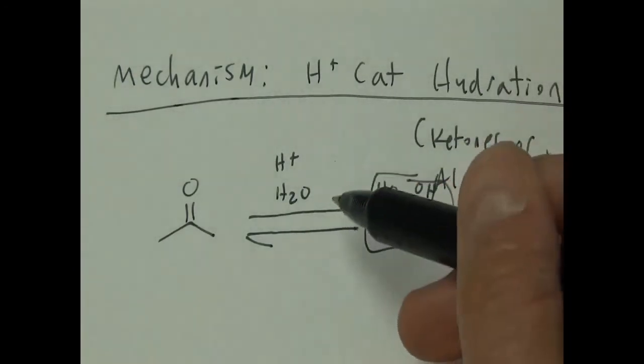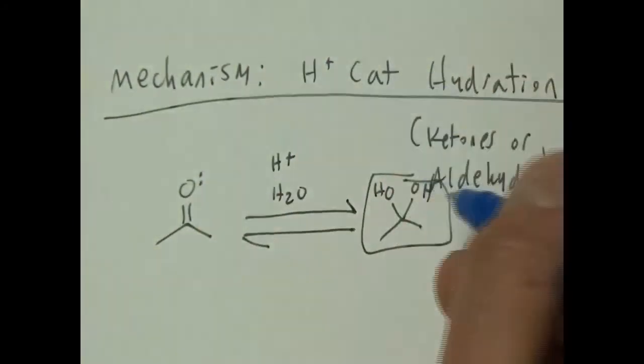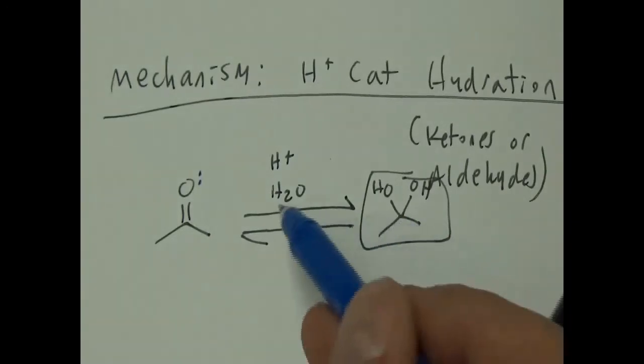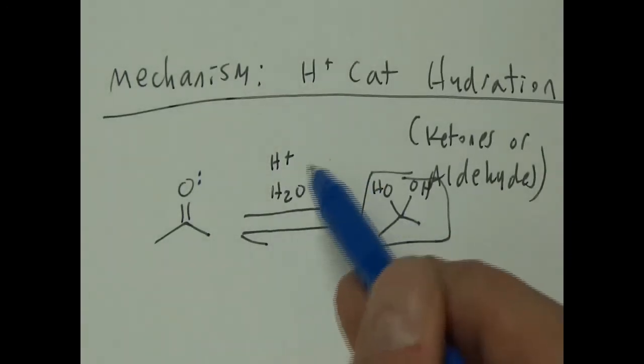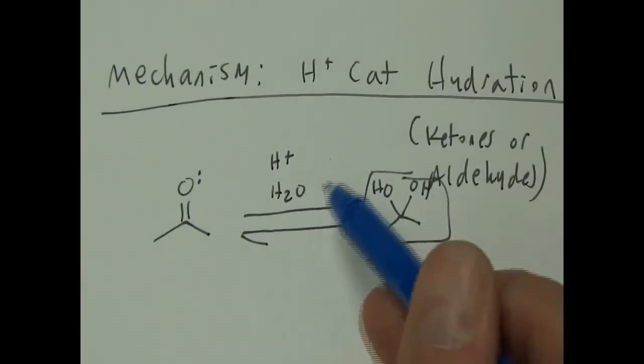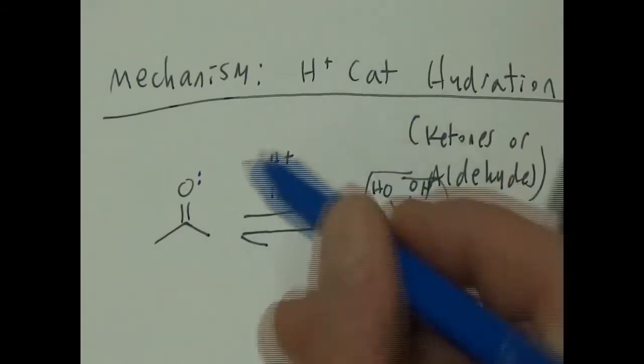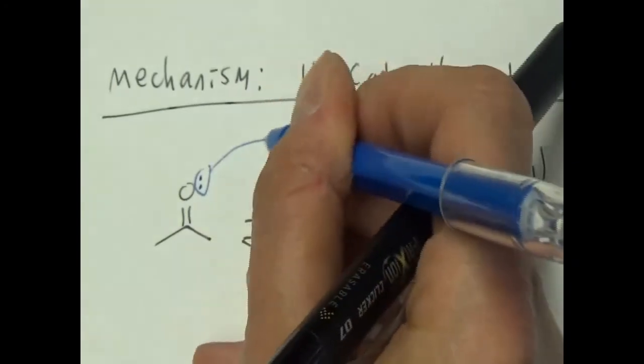Okay, so what did we say earlier about the mechanism of how we might get a nucleophilic attack through an acid catalyzed process? Because we did this already 10 minutes ago. What's the first thing? Oxygen grabs the proton, right? And that makes an equilibrium.